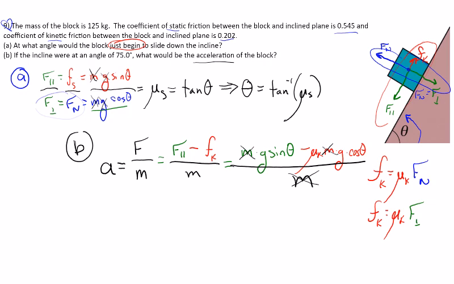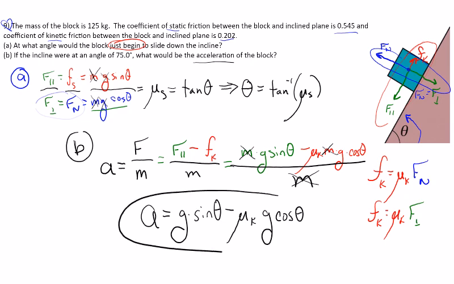And when I do that, I simplify my acceleration into g times sine theta minus my coefficient of kinetic friction times g times cosine of theta. And bam, we got a nice little equation for finding this. And we did this in our lab. You were measuring the acceleration and the angle and then using it to find mu k. It's a slightly different situation, but it works out the same. Hope you enjoyed.